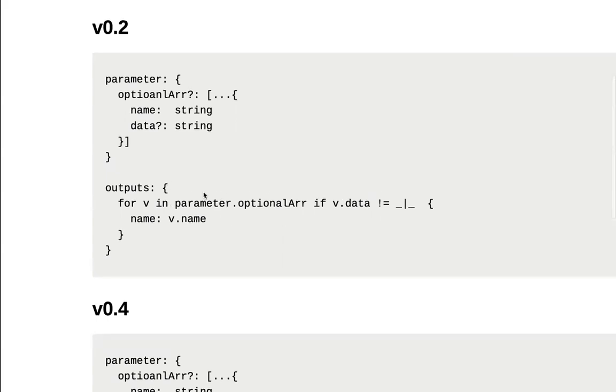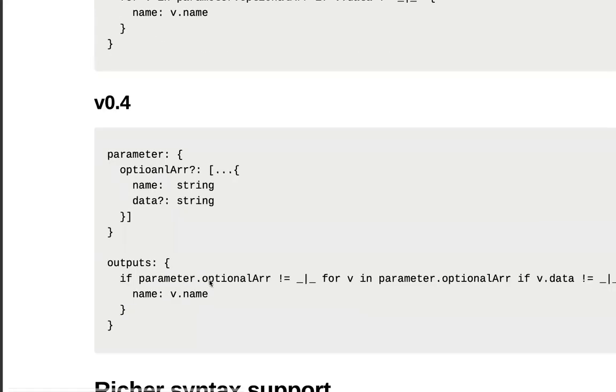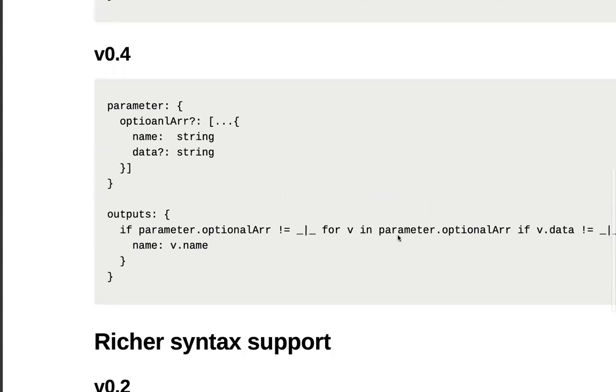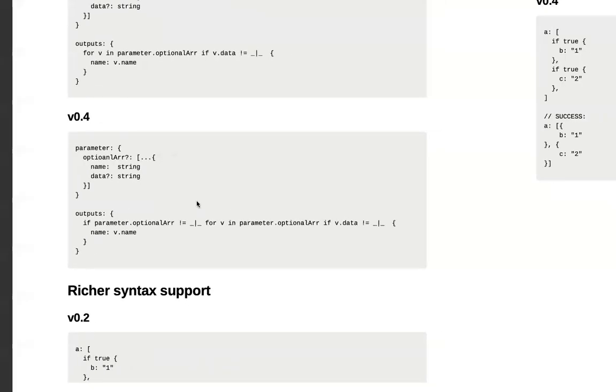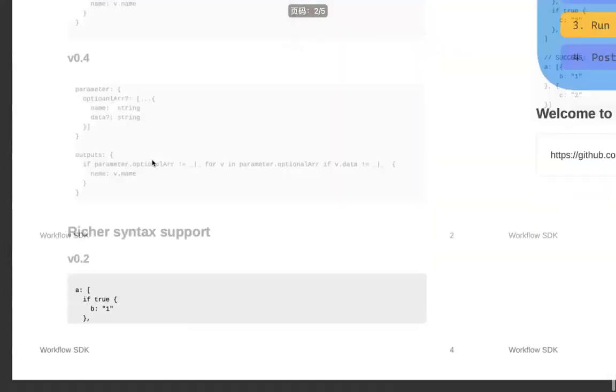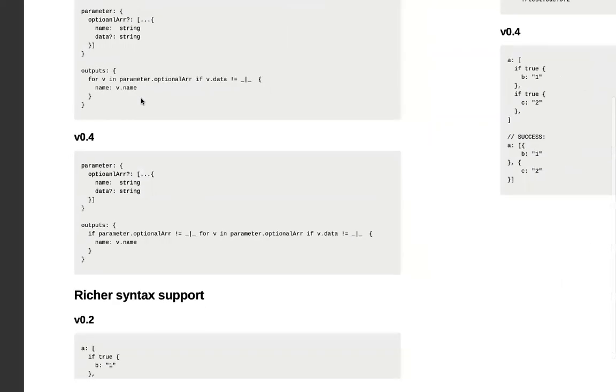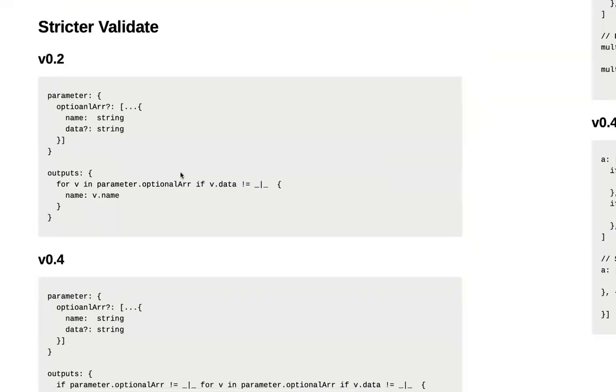It can pass in the 0.2, but in 0.4, the Q will report an error because the optional array is optional in the parameter, and the Q cannot allow this to happen. So in the 0.4 version, the Q now has the stricter validate, which can protect the user's resources and data.